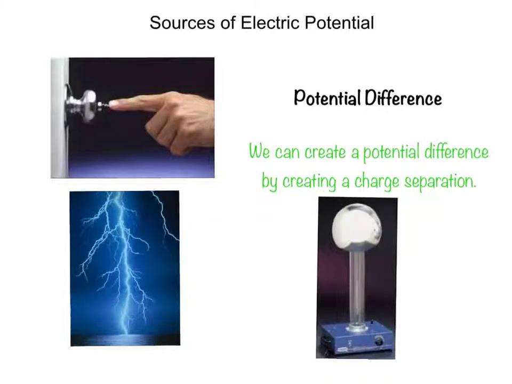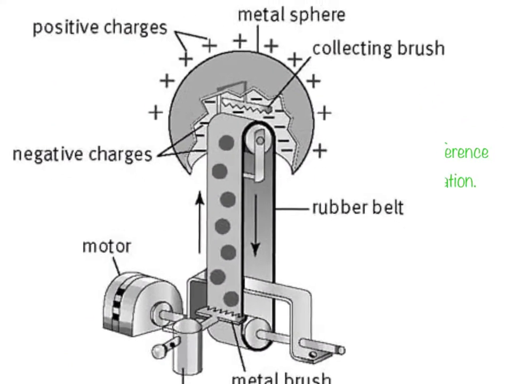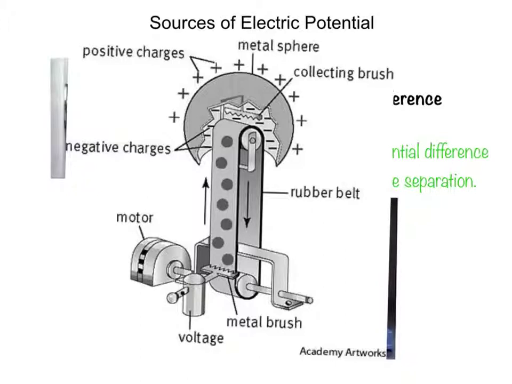A Van de Graaff generator, such as this one here, is a mechanical charge separator. It's essentially a fancy foot shuffler. The way one works is a moving plastic or leather belt is charged. Then the charge is mechanically transported through that conveyor belt to the spherical electrode at the top of the insulating column.